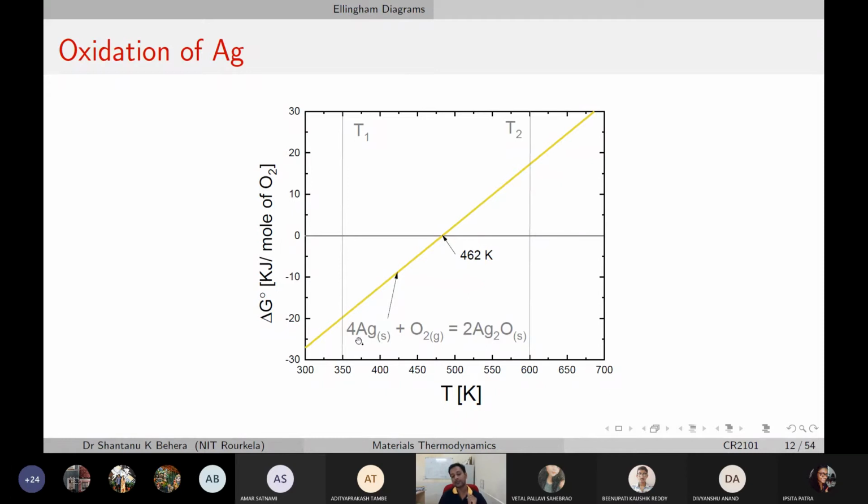So any metal that you take and their oxidation, you try to plot the del G versus T, they are all going to line up parallel to each other because all of those things lead to this disappearance of oxygen and form another oxide phase, which is a solid phase, right?